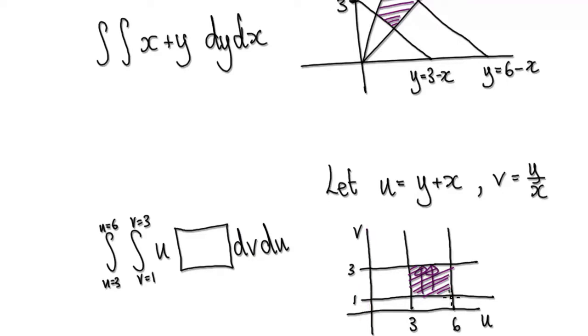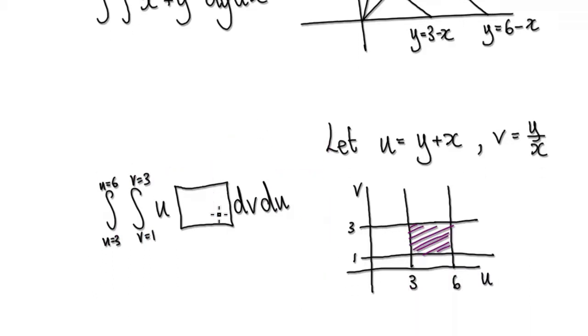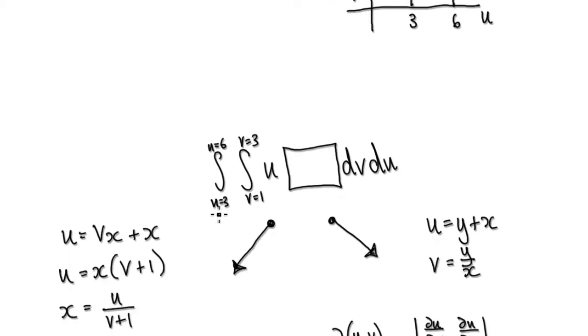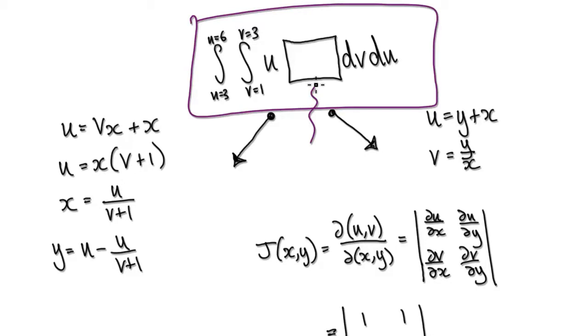So you start at v equals 1, and then you move to v equals 3, and then you're scanning in terms of u from 3 to 6. We are currently here, but we still need to work out our Jacobian.